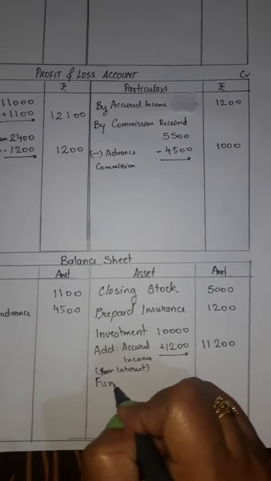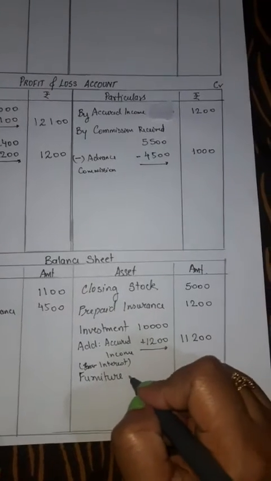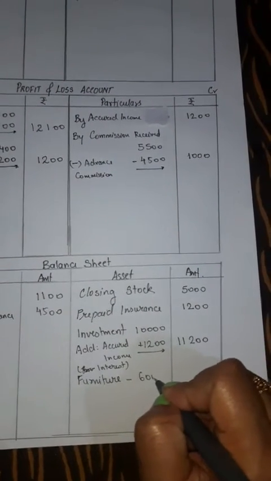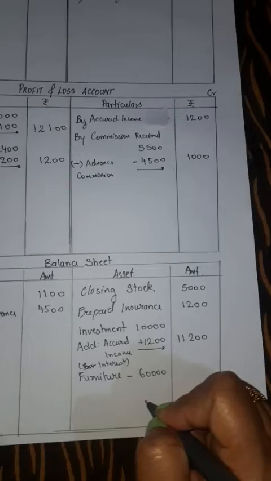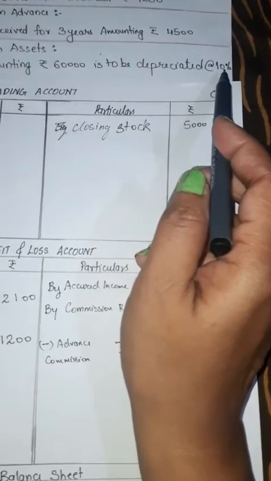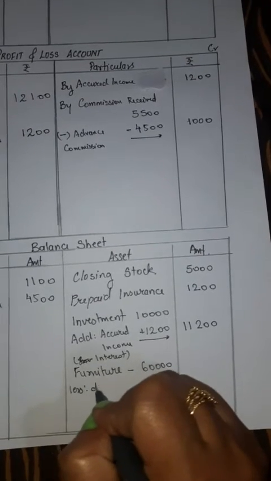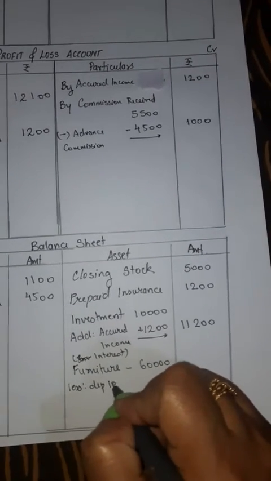So in balance sheet, I will write in the asset side furniture. What is the amount of furniture given to you in the question? It's 60,000. Now what they are asking you to do? They are asking us to charge depreciation on this asset at 10%. So let us charge depreciation. Because of depreciation, the value of furniture will decrease.